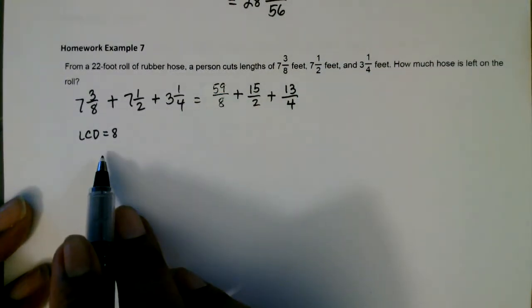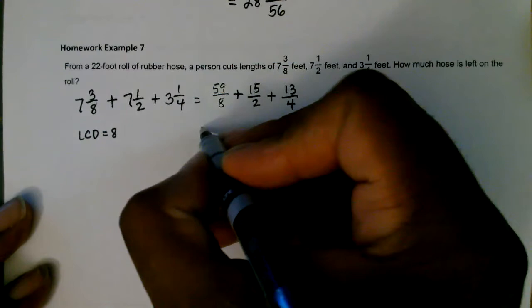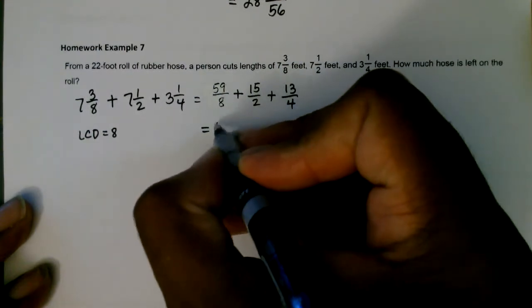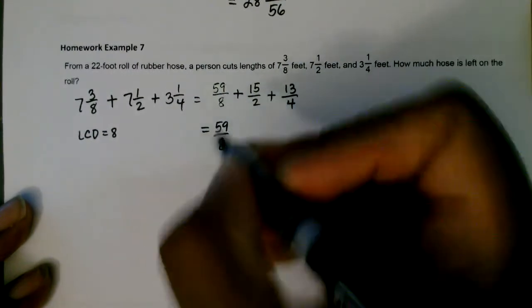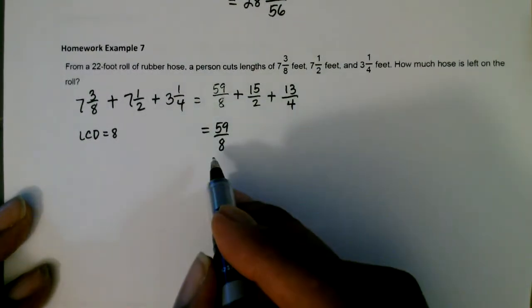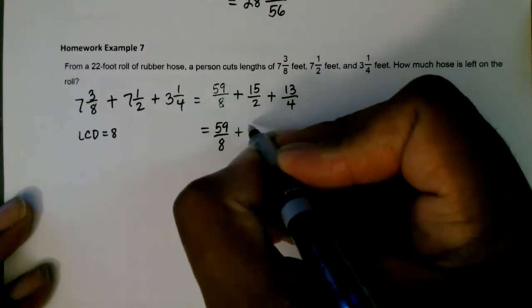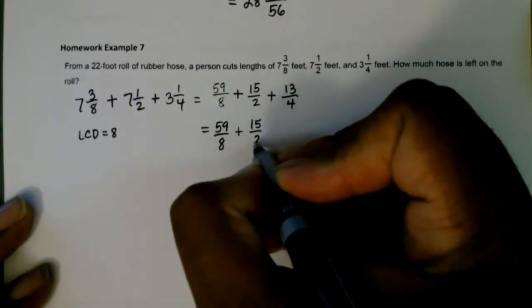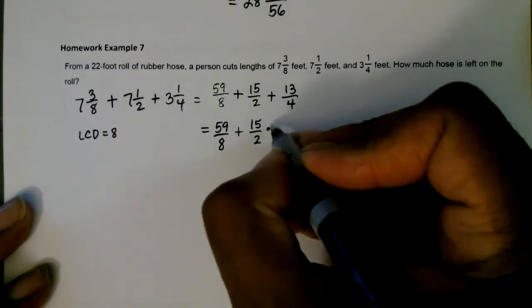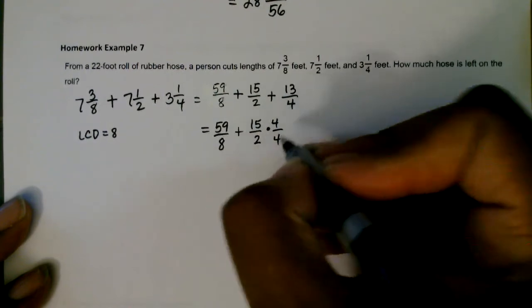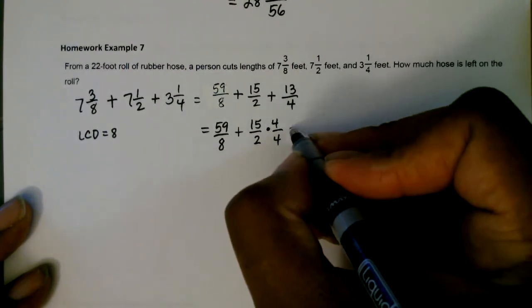Now, the least common denominator is 8, so let's write the equivalent fractions. Well, 59 over 8 does have the LCD of 8. But for 15 halves, for that denominator to be 8, I need to multiply both the numerator and the denominator by 4.